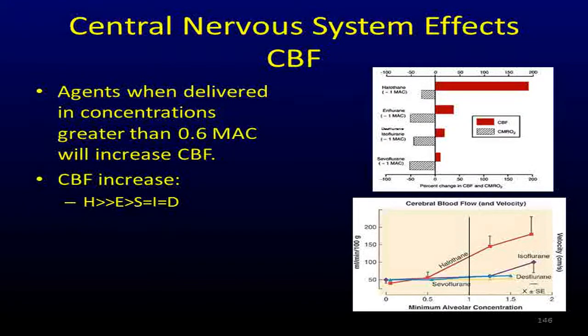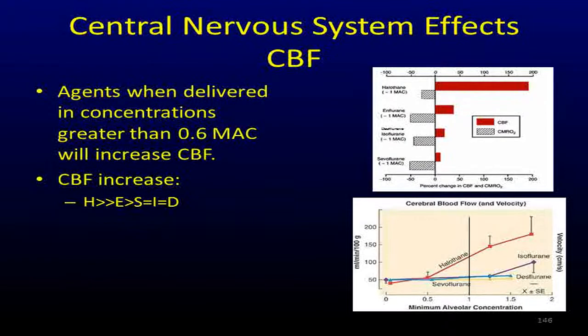I'm not going to ask you which drug does it the best. The point that I want you to know is what? If I give 1 MAC of an inhaled agent, I'm going to increase or decrease my CMRO2? Decrease. And then what am I going to do to my cerebral blood flow? Increase. Right? And that term is called uncoupling. You increase cerebral blood flow, you decrease CMRO2. And that's protective for the brain.